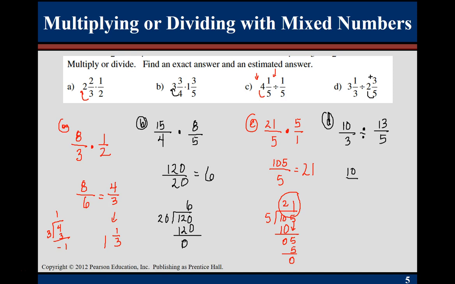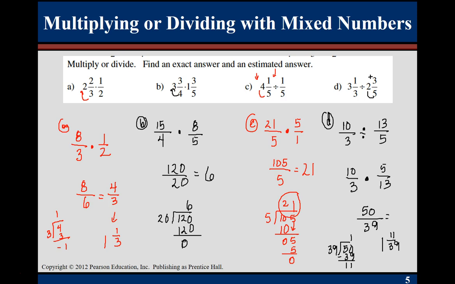Now I'll keep the first fraction the same, change division to multiplication, and take the reciprocal of the second one. 10 times 5 is 50, 3 times 13 is 39. 39 goes into 50 once, and you'll have a remainder of 11. So 50 over 39 is 1 and 11 over 39.